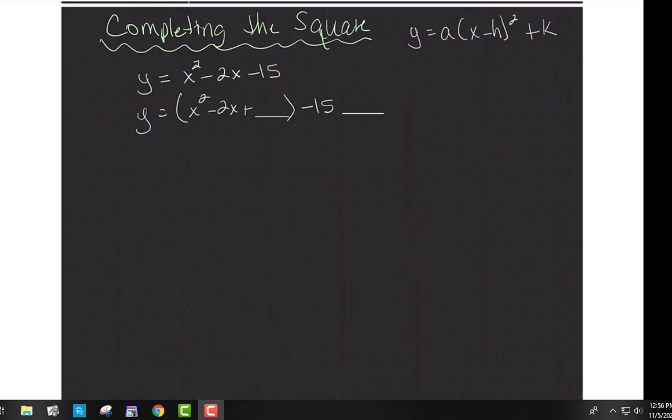So if I, say, added 10 here on that same side of the equation, but over here I'm going to subtract the 10, right? Because if I add 10, if I subtract 10, I didn't change the problem any. Does that make sense? So I can put in whatever number, I just gotta, if I put it in, I gotta take it out at the same time. So we just need to figure out what number we're gonna put in there. And it's really a cute little formula.